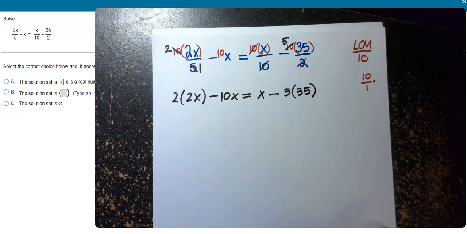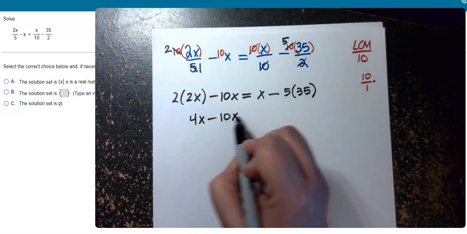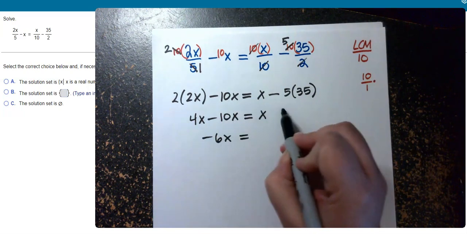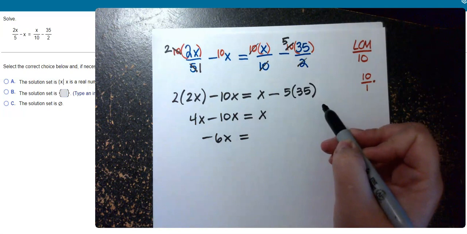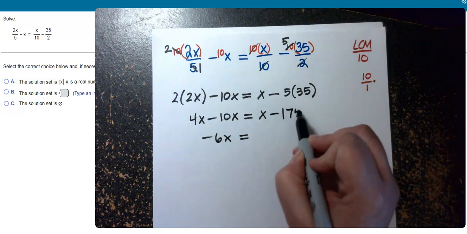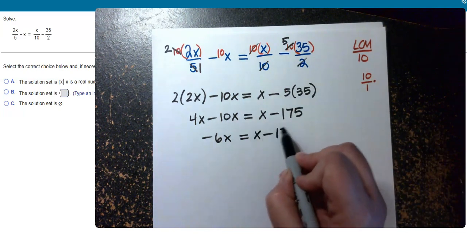There are no more fractions. I can just solve this equation like any other two-step equation, basically. So 4x minus 10x, that's negative 6x, equals x minus 5 times 35. 5 times 35 is negative 175, I believe. Yeah. So this is what we have.